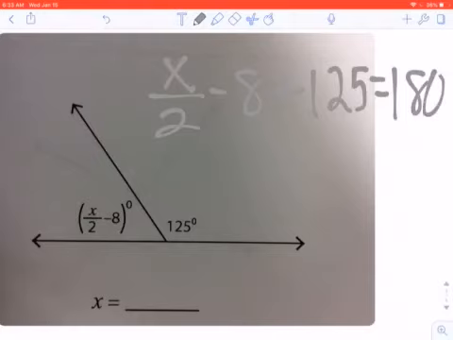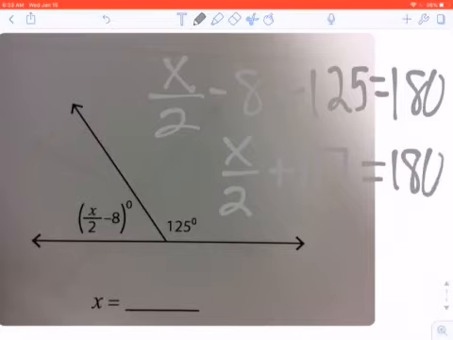Okay, and I'm going to combine that negative 8 with the positive 125. So negative 8 plus 125 gives us x over 2 plus 117 equals 180.